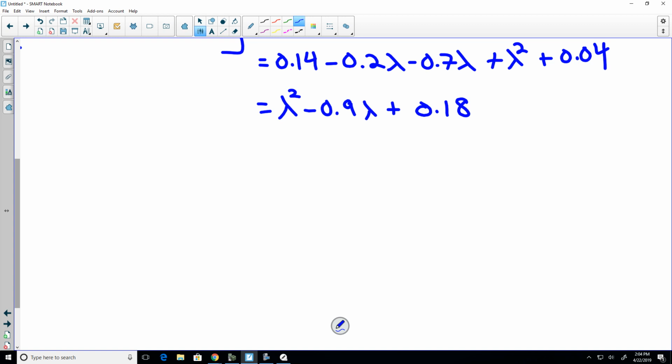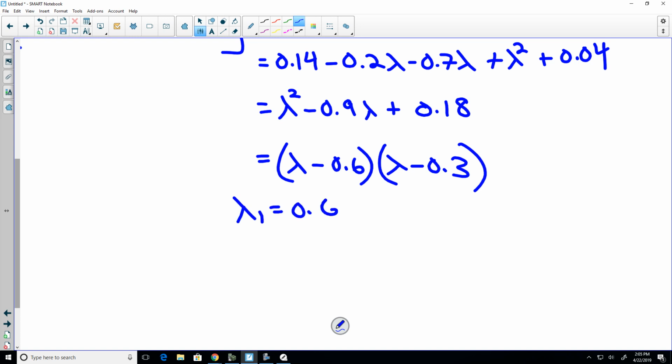So how does it factor? Negative 0.6 and negative 0.3. So lambda 1 is 0.6. Lambda 2 is 0.3.